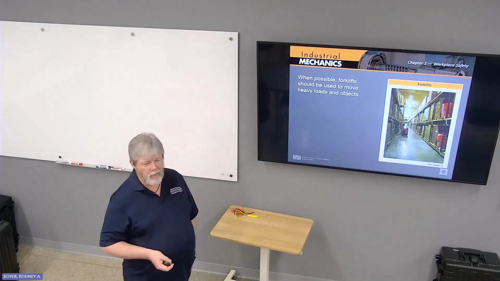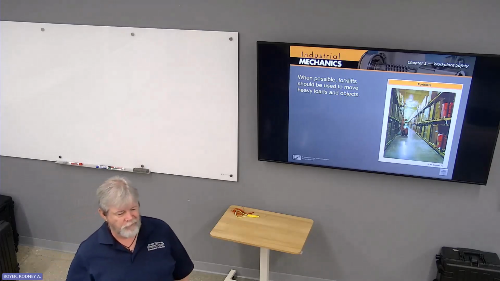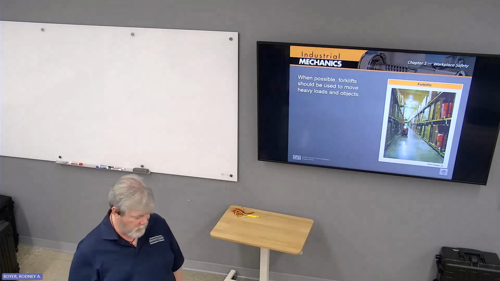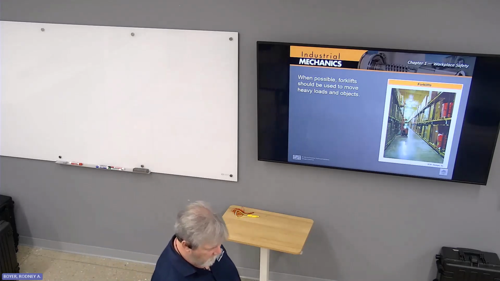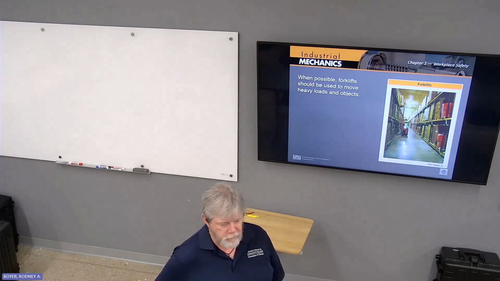You guys have any idea how many different types of forklifts there are? Let's go over it. What do you think of whenever you think forklift? Warehouse. I would be thinking something to lift heavy pallets.